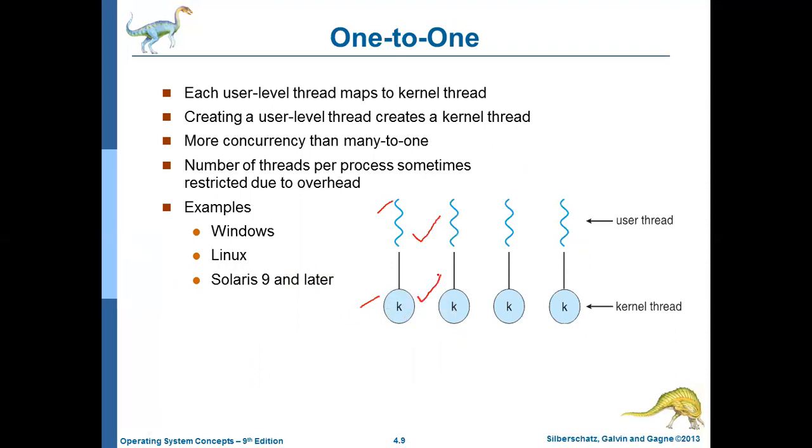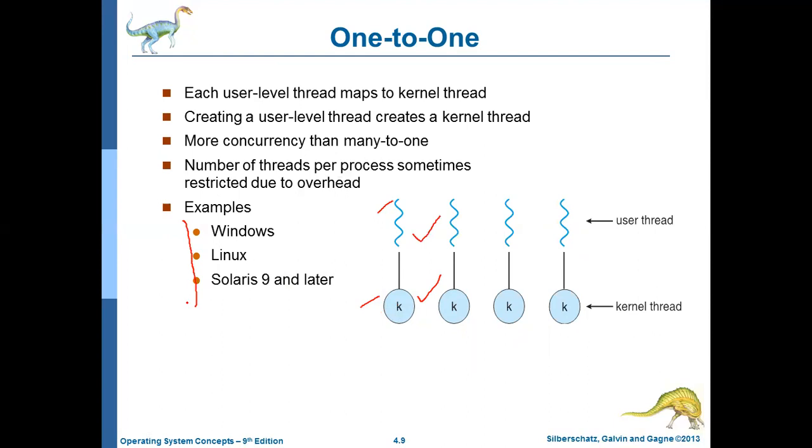So you will have overhead because of the increased number of kernel threads being created with the creation of each user level thread. Examples of operating systems that use the one-to-one model are Windows, Linux, and Solaris.